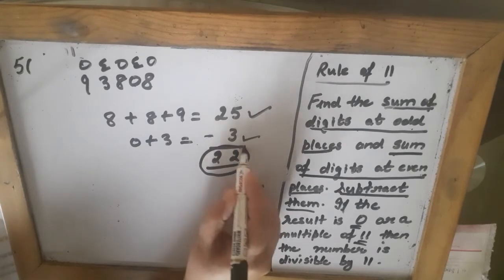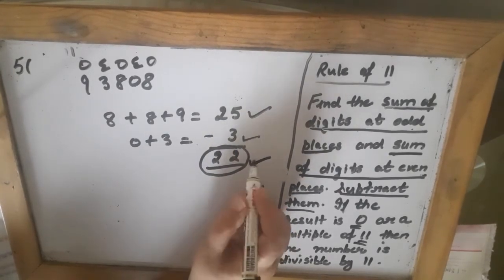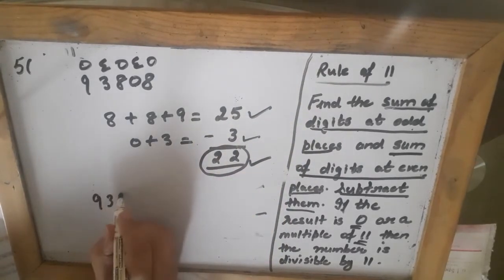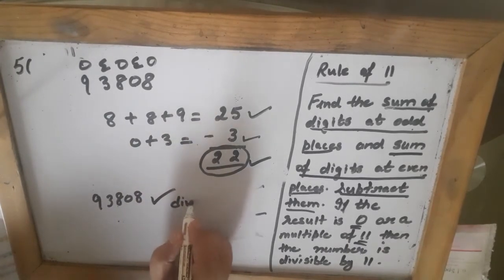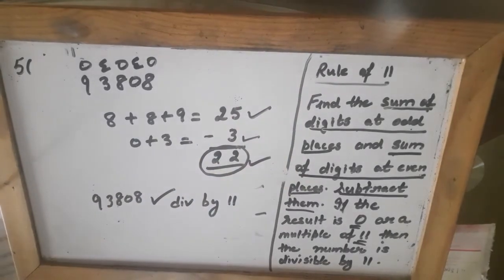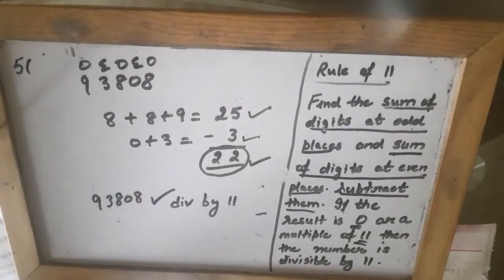Now is this 22 a multiple of 11 or divisible by 11? Yes. So this 22 is divisible by 11. So it means that 93808 also is divisible by 11. So this is how we check whether numbers are divisible by 11 or not.